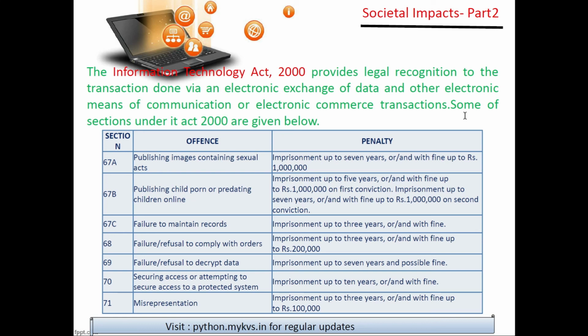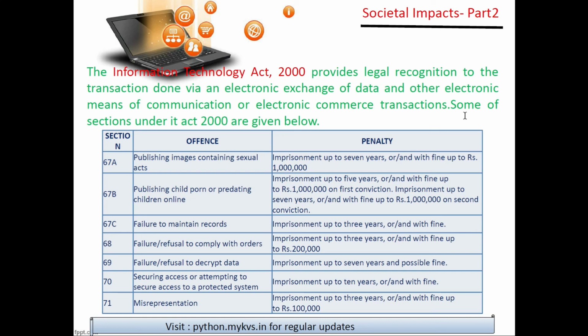Section 70, securing access or attempting to secure access to a protected system: imprisonment up to 10 years. Misrepresentation, which is a kind of identity theft: imprisonment up to 3 years or a fine up to rupees 1 lakh.